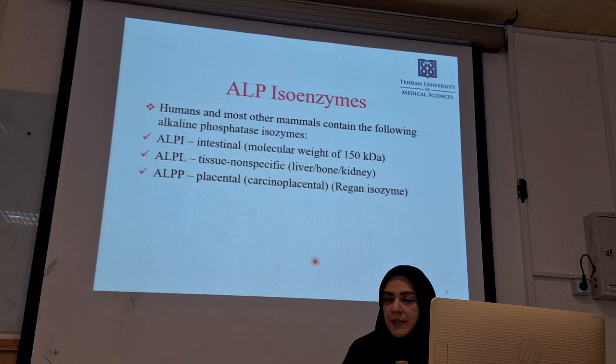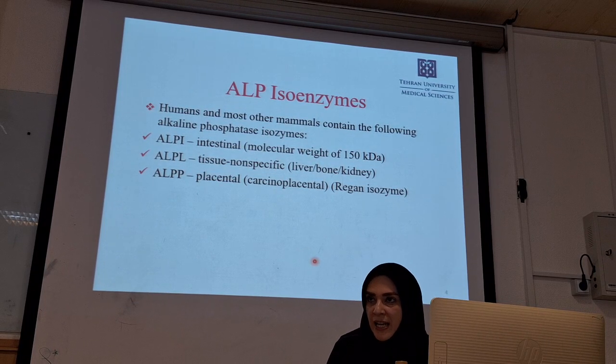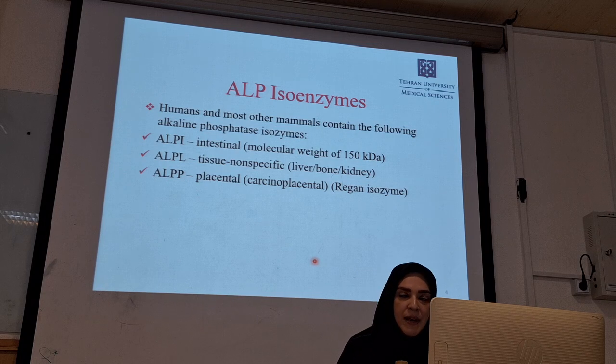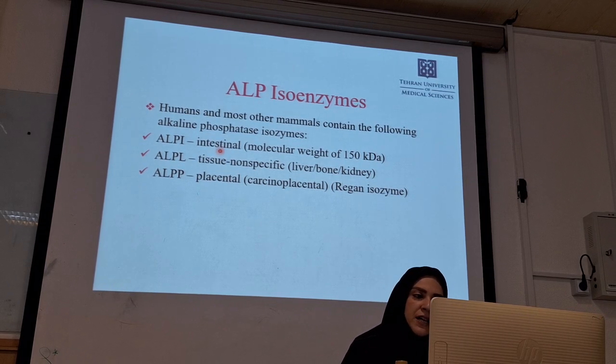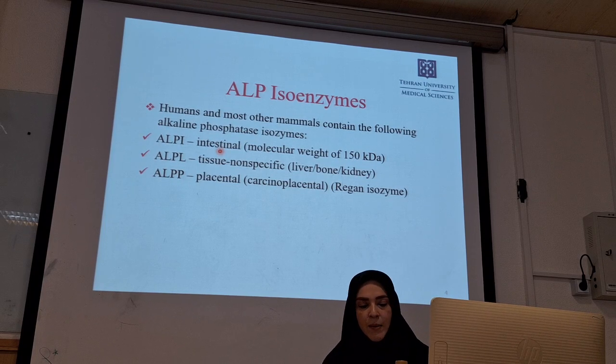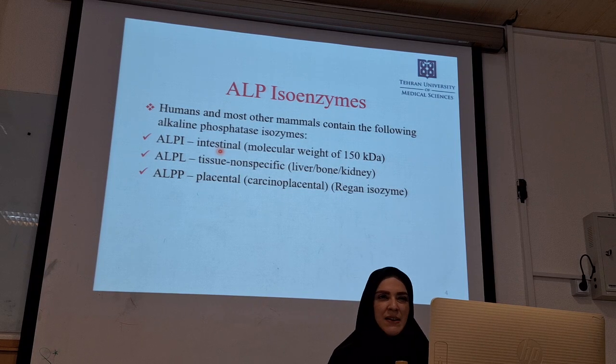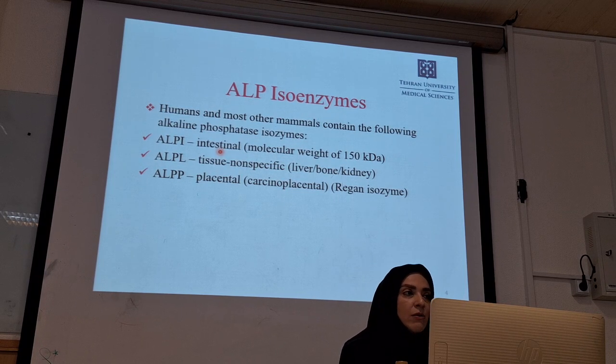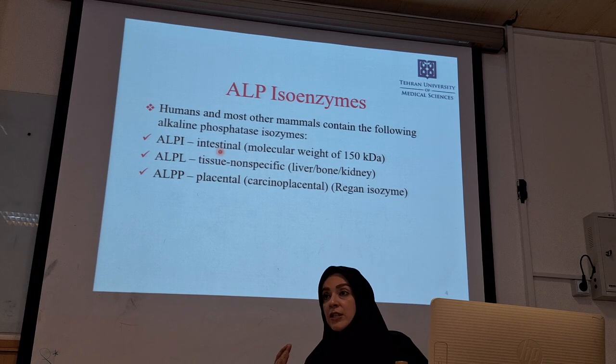I review these points. We have different types of the enzyme. They catalyze the same reaction, but they have some different characteristics. For example, they have a different carbohydrate content, a different electrophoretic mobility, and a specific tissue distribution.